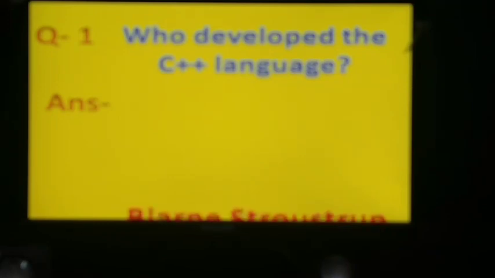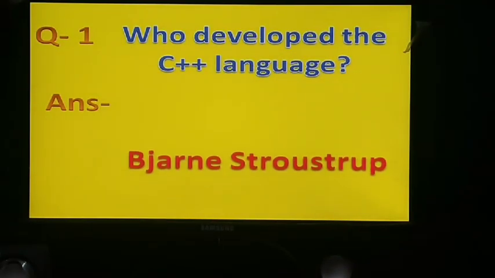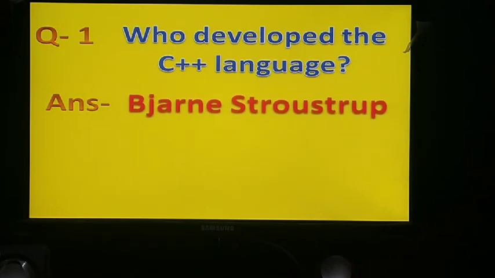You will see the answer of this question is Bjarne Stroustrup. Means Bjarne Stroustrup developed the C++ language. Is it clear?